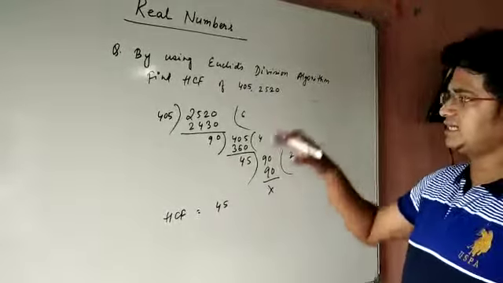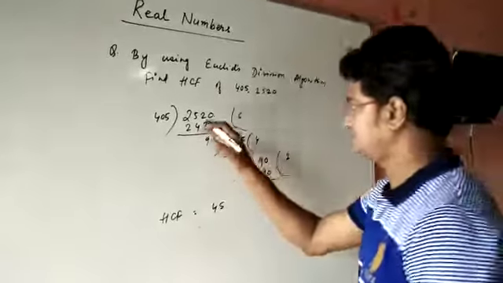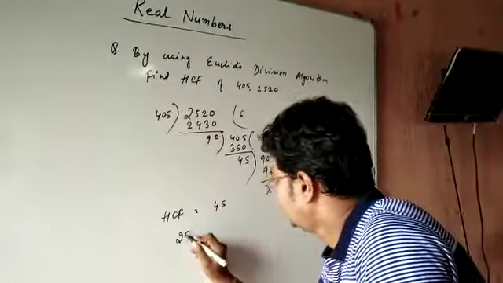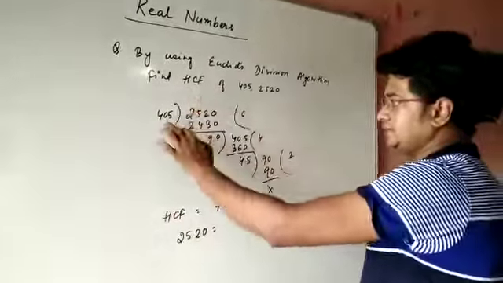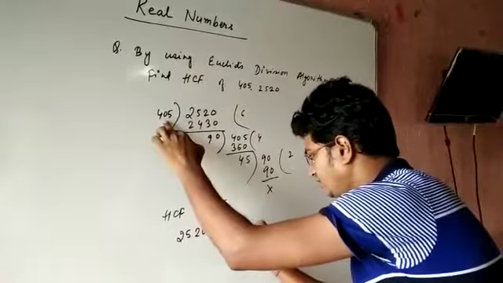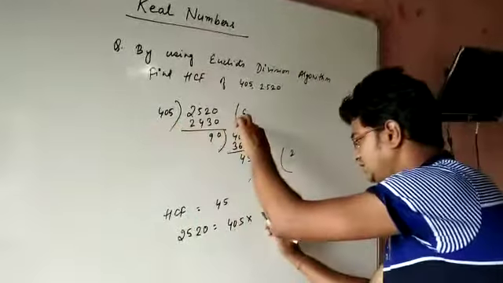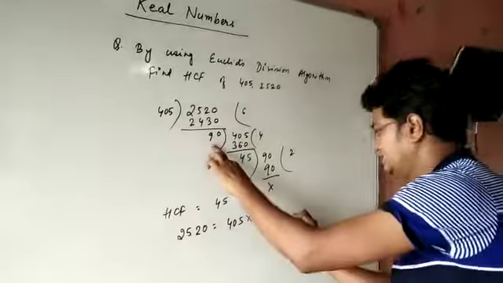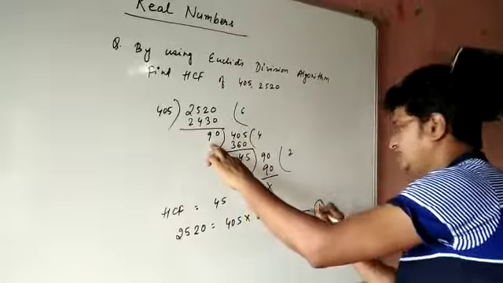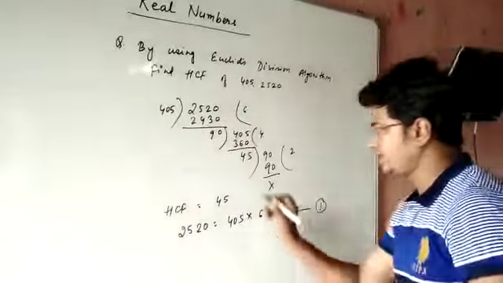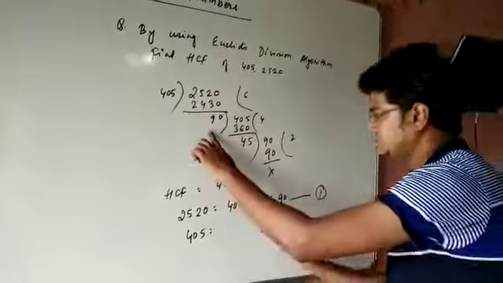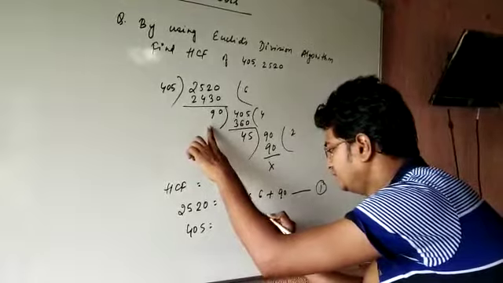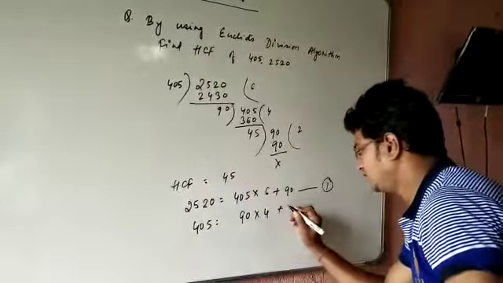Now using division algorithm, how are you going to express this? Step 1: 2520, that is dividend, equals divisor 405 into quotient 6, plus remainder 90. Step 2: we write 405 equals 90 into 4 plus 45.